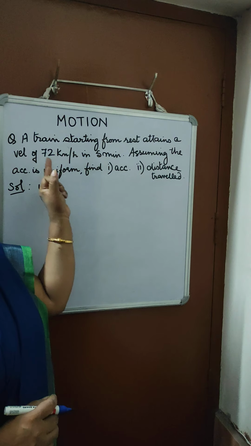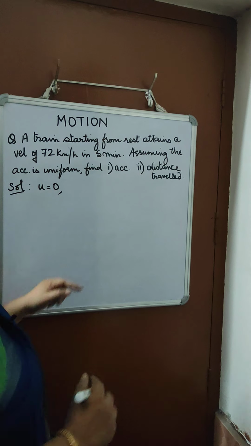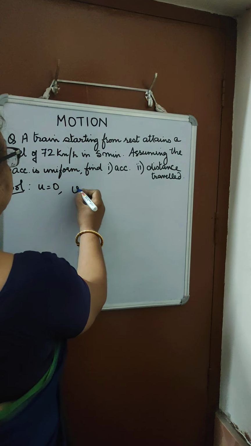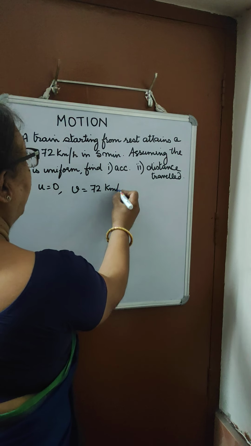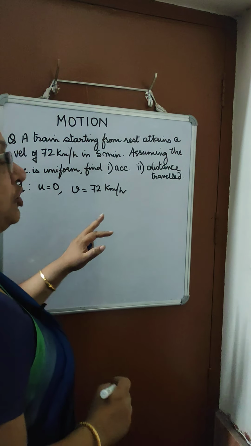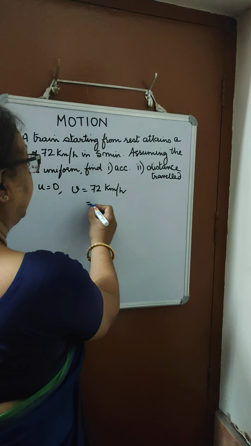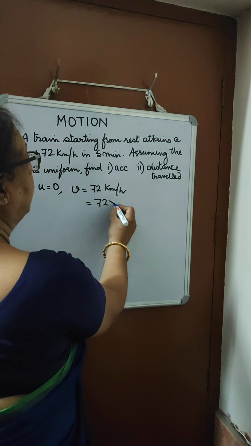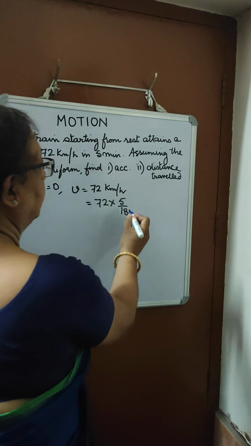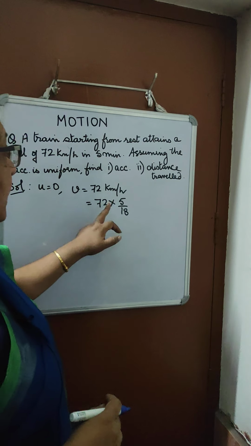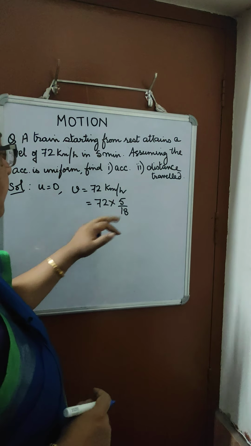Now you see here, kilometer per hour and time is in minutes. So what we do is, this velocity 72 km per hour, we convert it to meter per second. Now how do we convert it to meter per second? We multiply it by 5 by 18. We have just seen, to convert kilometer per hour to meter per second, we multiply by 5 by 18.